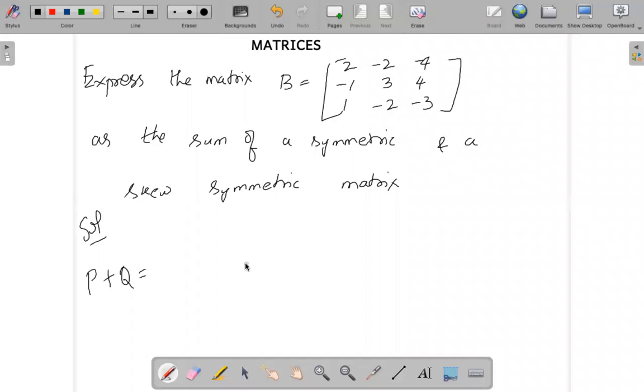So we found what is P and what is Q. Let us put that together.